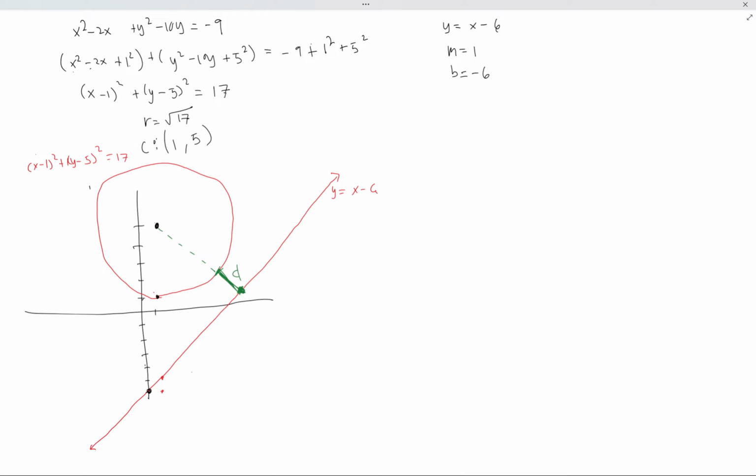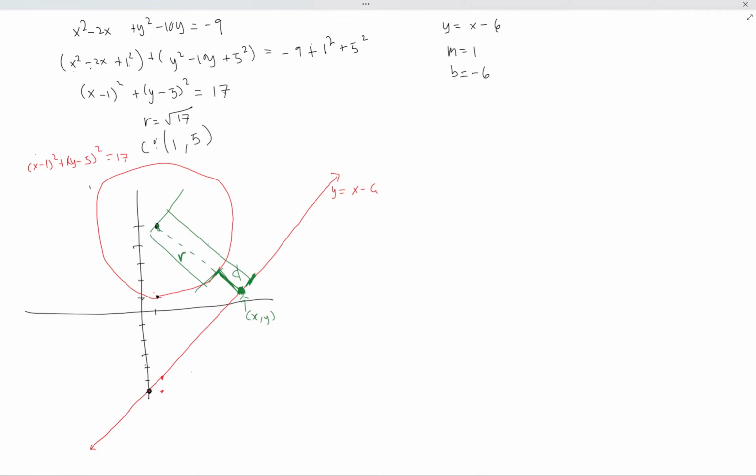Now, think about this. One strategy is first to measure the distance of this center down to this line. The way we do that is if we find this point located at some value of x and y, we can measure this distance from that point to the center and then subtract the radius of the circle.